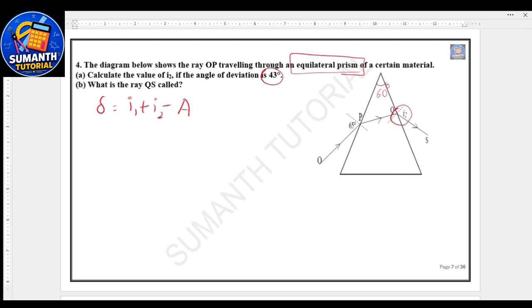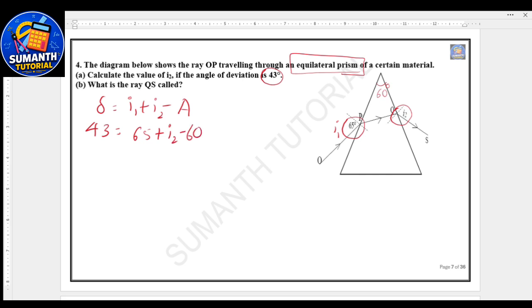Now substitute the value. See here, 43 is equal to, can you see this part? This is I1, angle of incidence, the first one. So it is 65 plus I2, I have to calculate, minus 60.